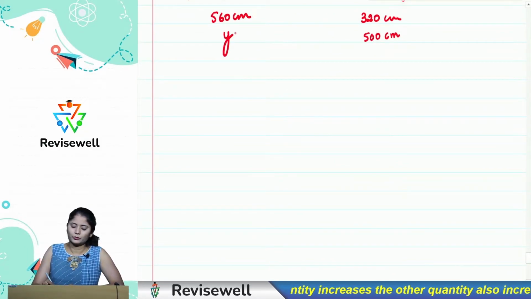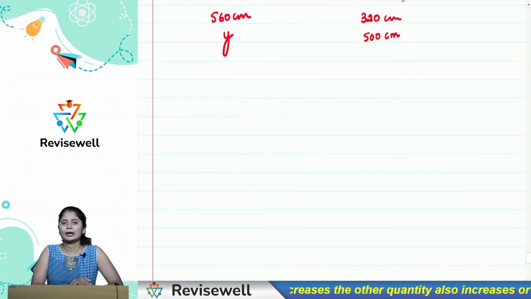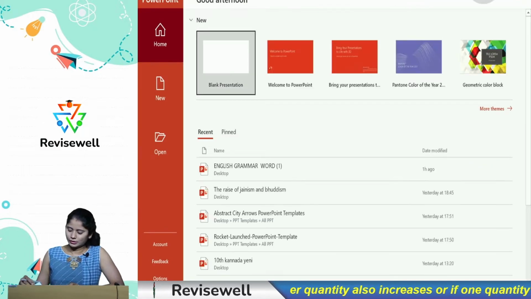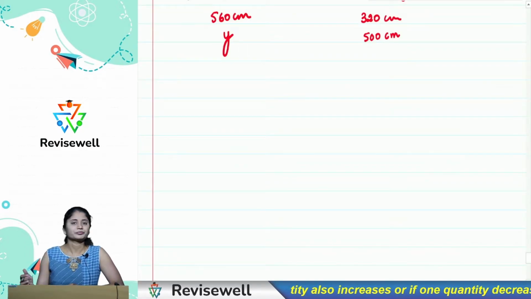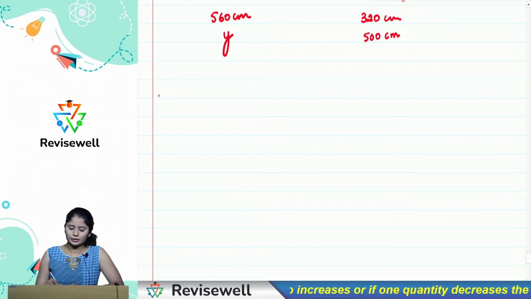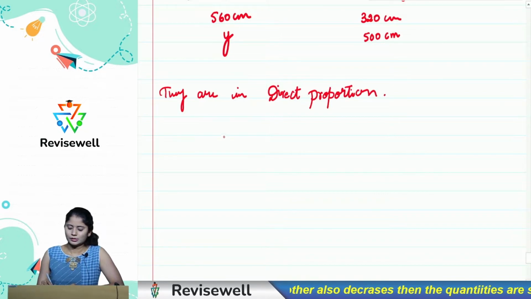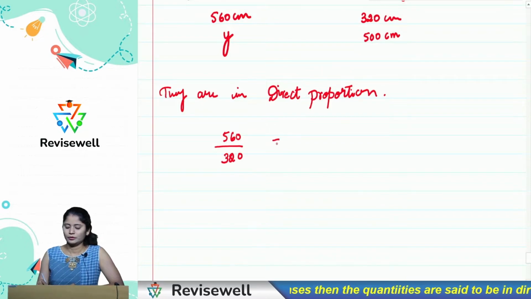What is the length of the pole? Let me take the height of the pole as y. Definitely, as one quantity increases, the other quantity will also increase, so they are in direct proportion. So that is 560 over 320 equals y over 500.